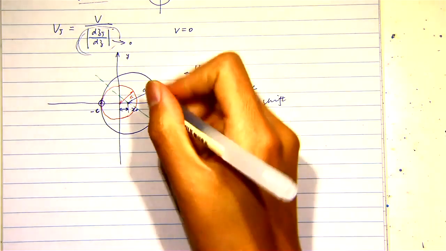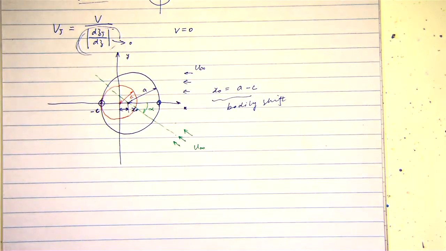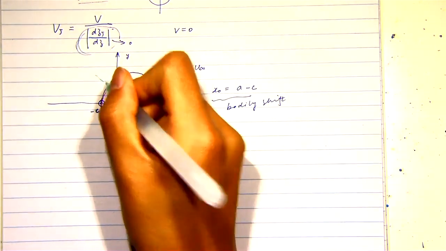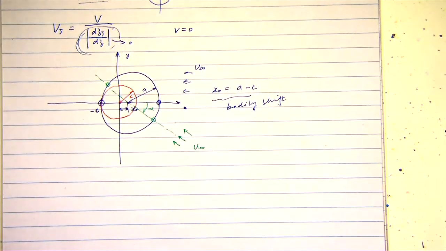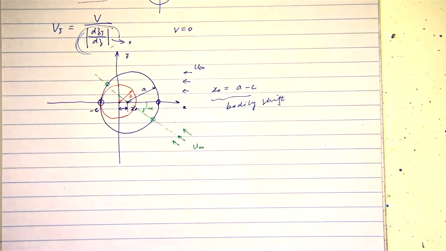And I'm going to call this angle alpha. This is the angle of attack. So in this case, the two stagnation points will be moved to here and here, right? But we want to have a stagnation point at this critical point.